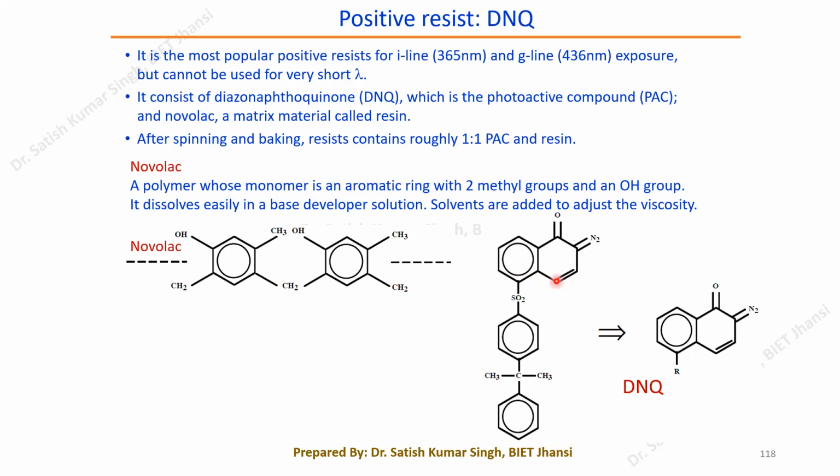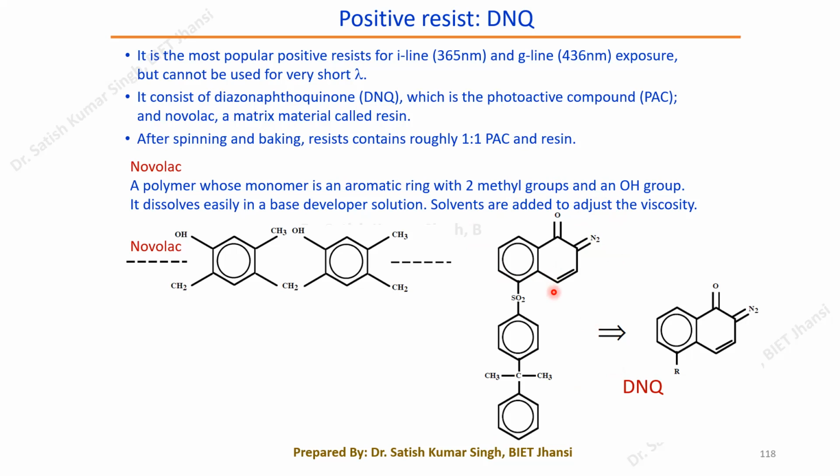What I mean to say is that this structure is photon sensitive. Nothing will happen to this structure, but once we expose it to UV rays of a particular wavelength, this structure is going to change, and a certain chemical restructuring will take place.